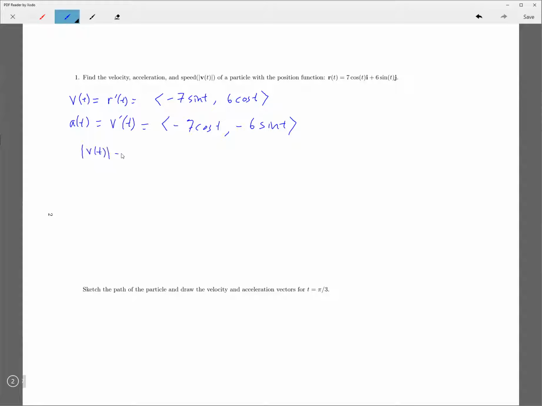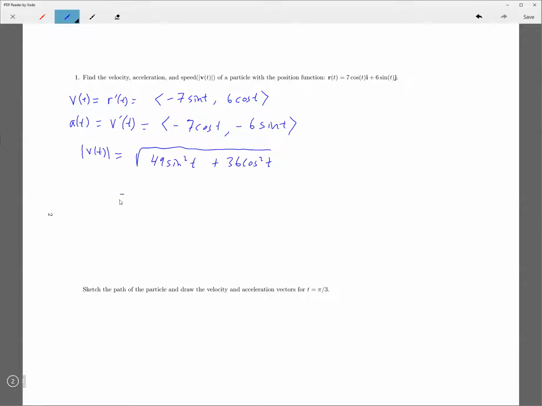Now the speed, which is the magnitude of the velocity. So that's the magnitude of this vector, which is going to be, if you square that, you get 49 sine squared t, and then this one's going to be 36 cosine squared t.